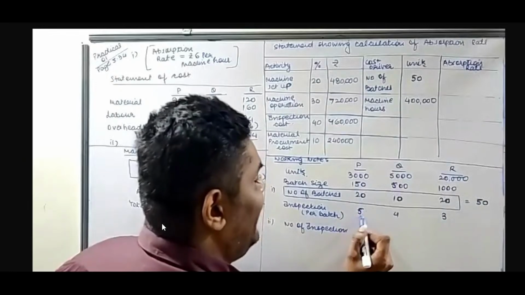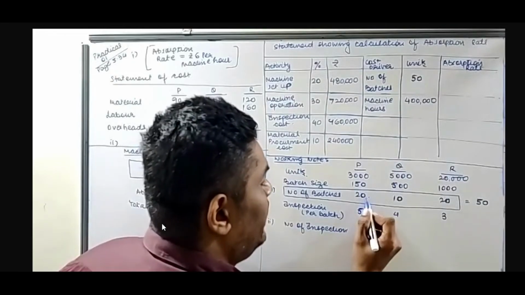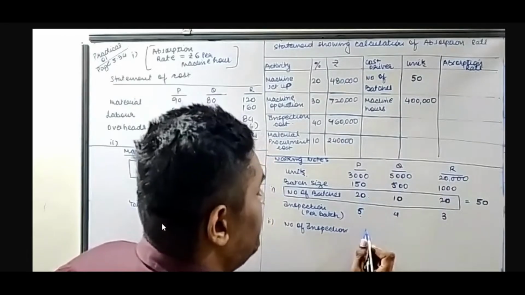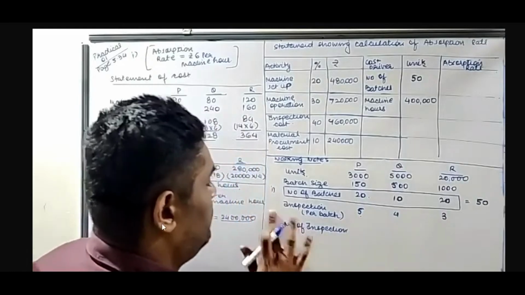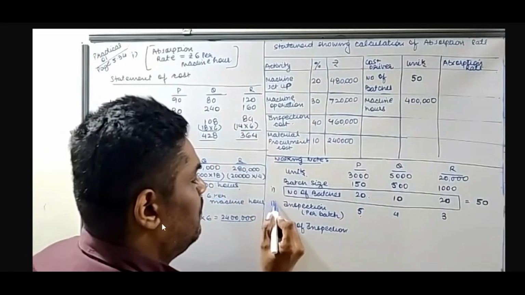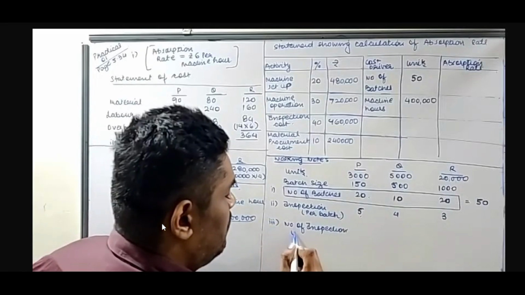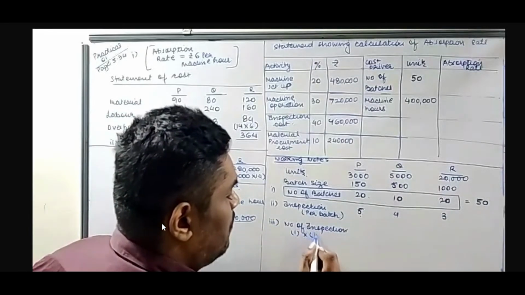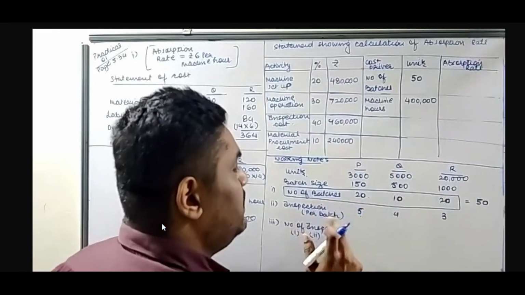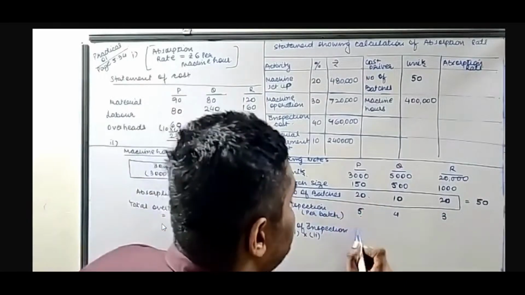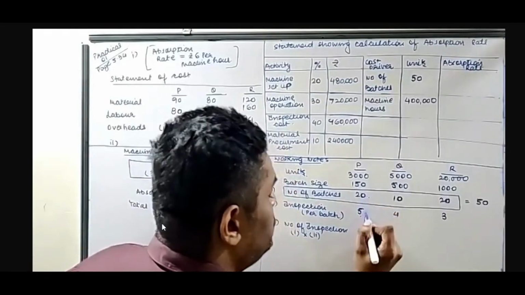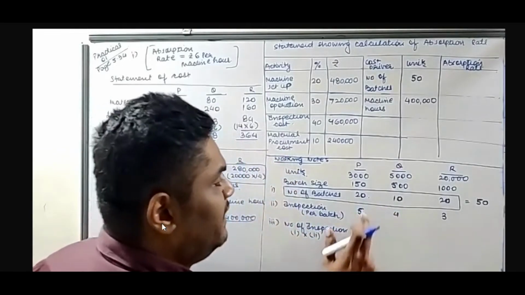Inspection per batch is 5 and the number of batches is 20. So 20 into 5, the total number of inspections will be 100. That is the first into the second.